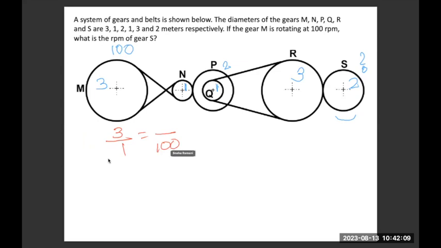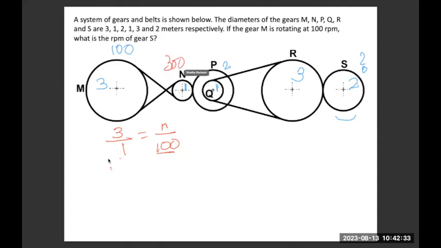And the rotation of N, I'm just writing N here. So this is the formula which happens because it's inversely proportional. The radius of 3, its rotation is 100. The radius of 1, we don't know the rotation of it. So that's why we are writing N here. So the rotation of N will happen to be 300.